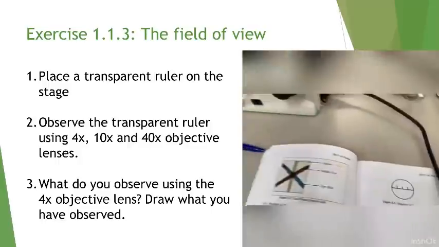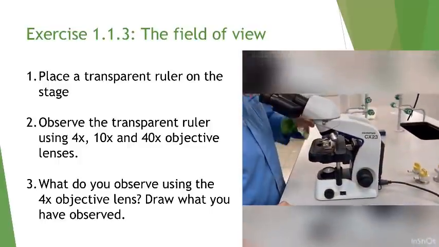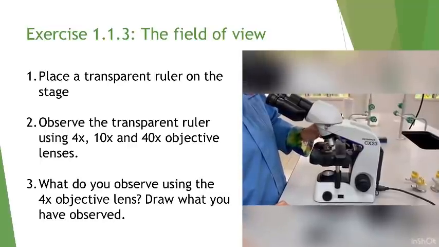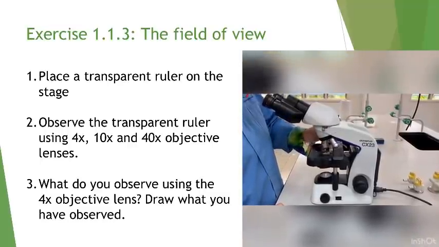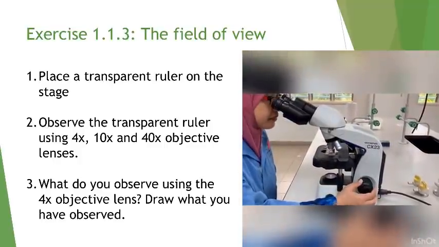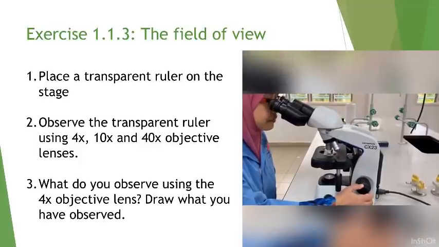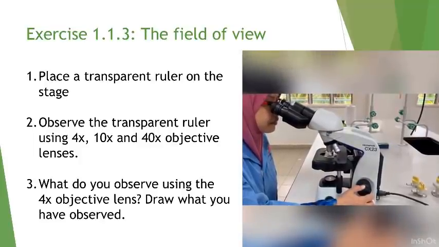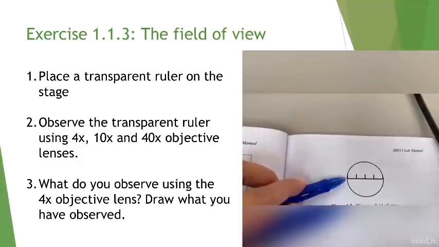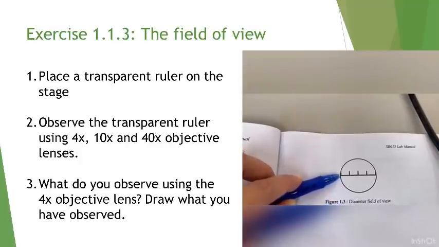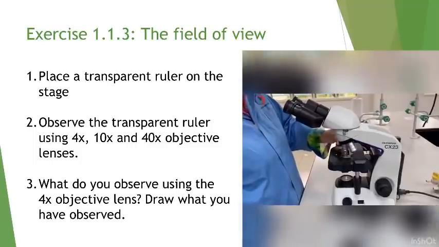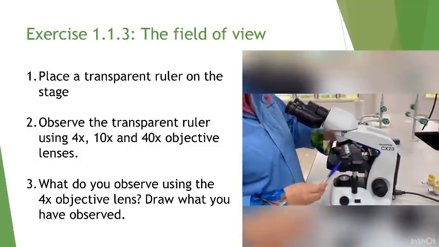The next step, observe the transparent ruler using the 10 times objective lens by rotating the nose piece. The last step is observe the transparent ruler using the 40 times objective lens.